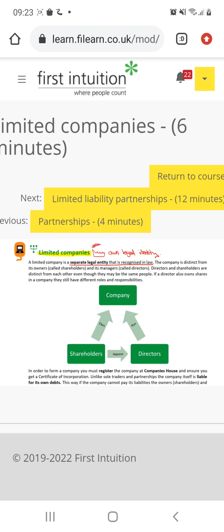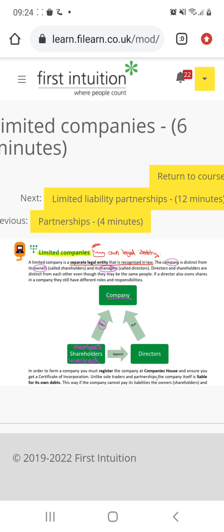We mean that the company is distinct from its owners and its managers. Here in our diagram, we have our shareholders, we have our members, and what they've done is they've invested their own cash in return for shares, and therefore they own an equity stake in our company.